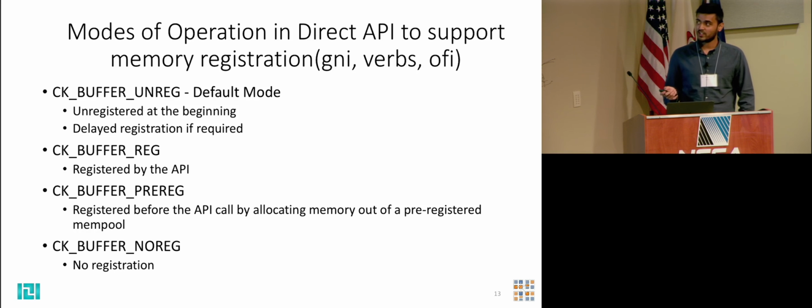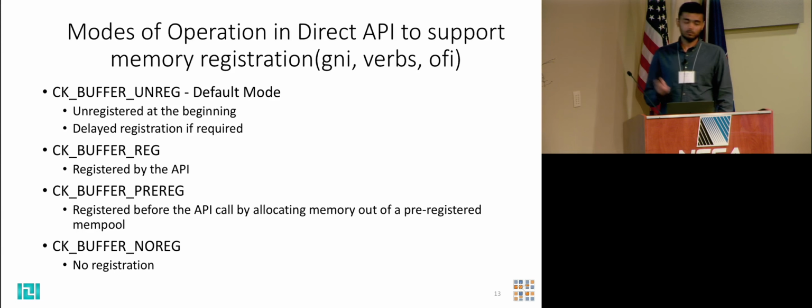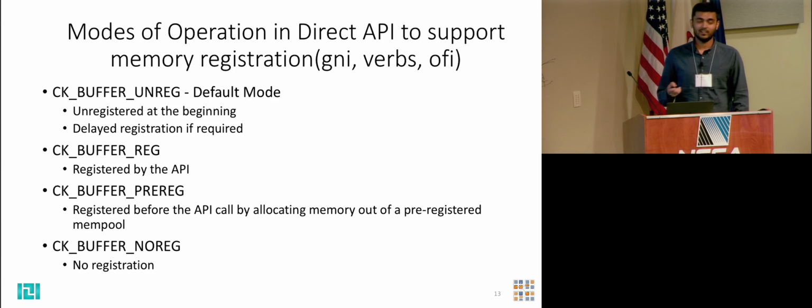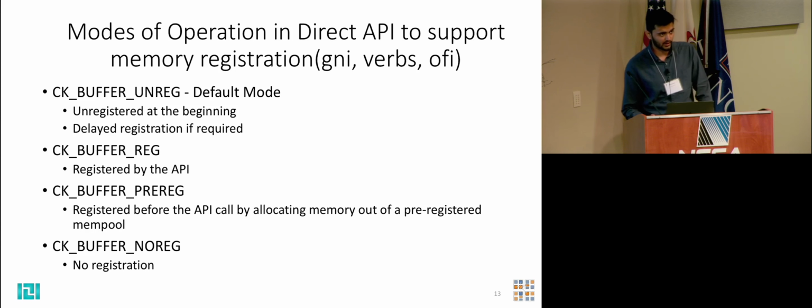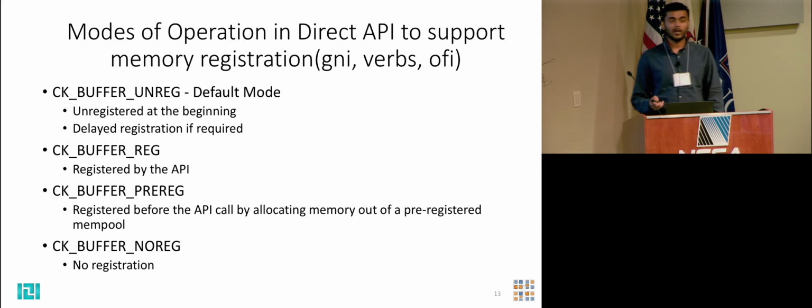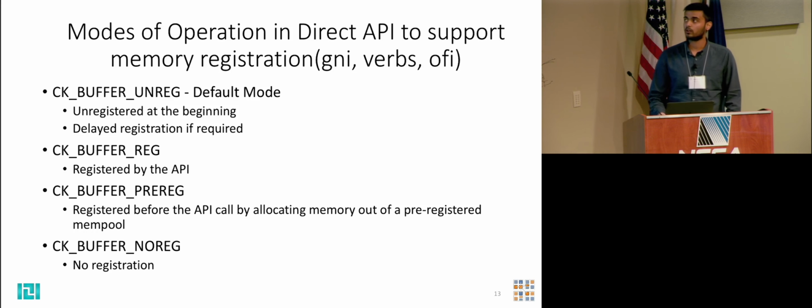The default mode is the unreg mode. Before that, let me just tell you that this is specifically relevant for networks that require memory registration. Out of the networks that we support, the only prominent ones that require memory registration are GNI, verbs, and OFI. PAMI, NetLRTS, and MPI don't require explicit memory registration from the user's end.